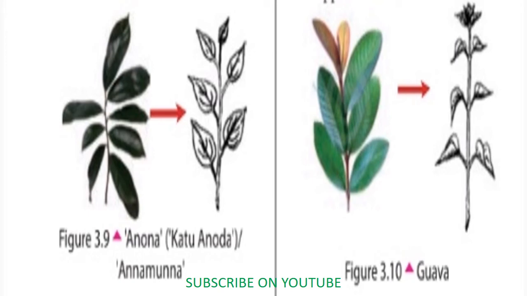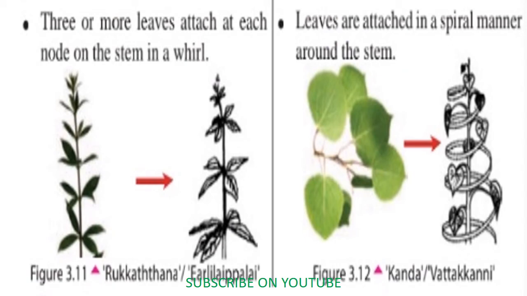The first one, leaves are on alternate sides of the stem. Example is anoda. Next type is leaf attachment paired at the nodes in opposite directions. Example is guava. Next type, three or more leaves attached to each node on the stem in a whorl. Example, rukkattana. Leaves are attached in a spiral manner around the stem. Example, kanda.